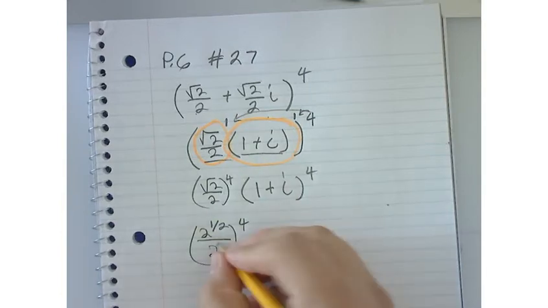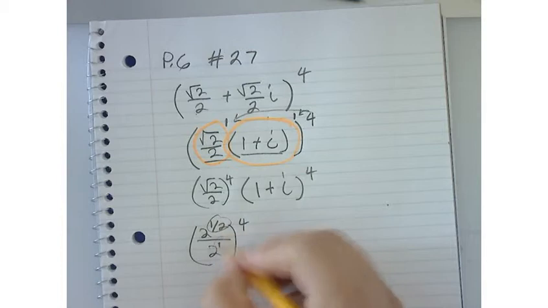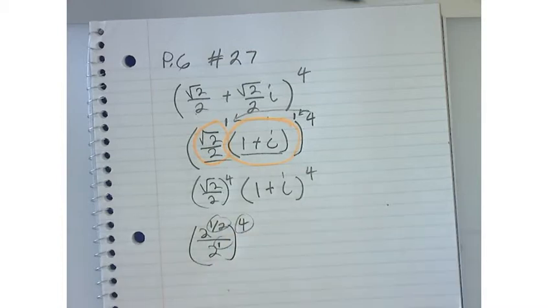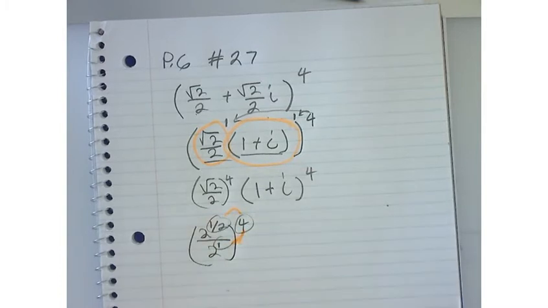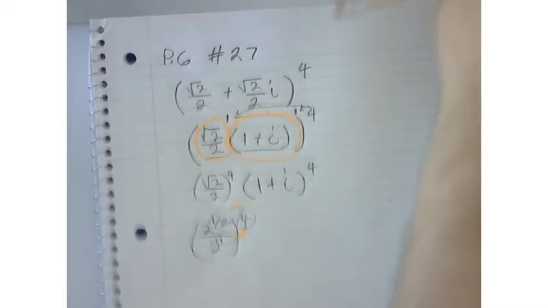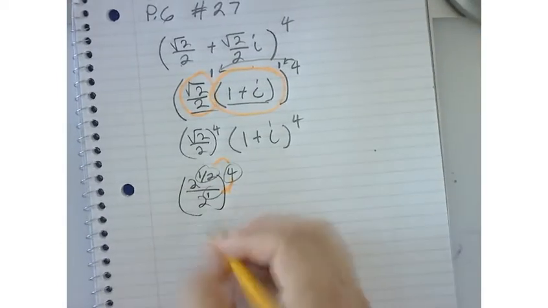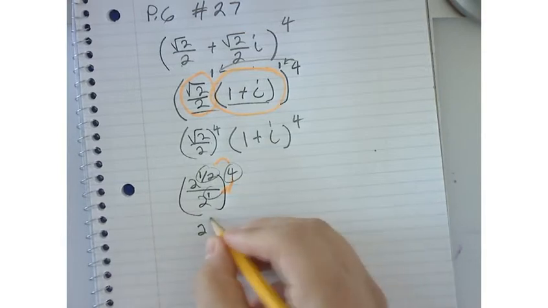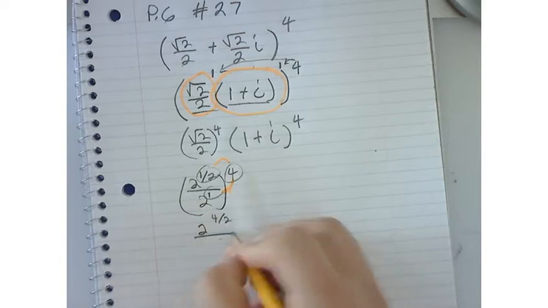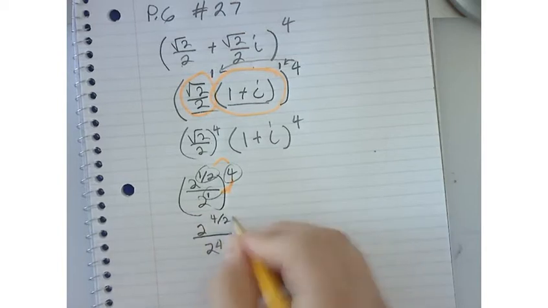Now another property of exponents is I could take this power and multiply them by 4. So I can distribute the power of 4 to both the top and bottom. So I'm going to do that now, before we move on to the next step. So this becomes 2 raised to the 4 over 2, and then this becomes 2 to the fourth.